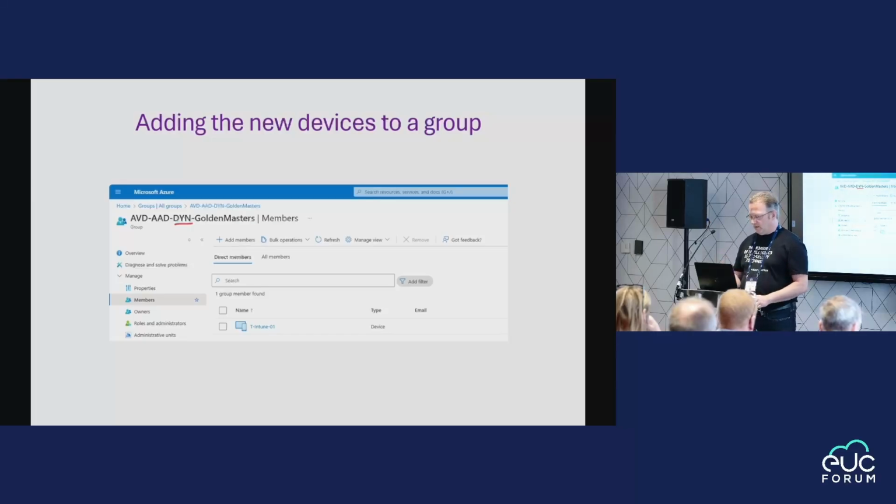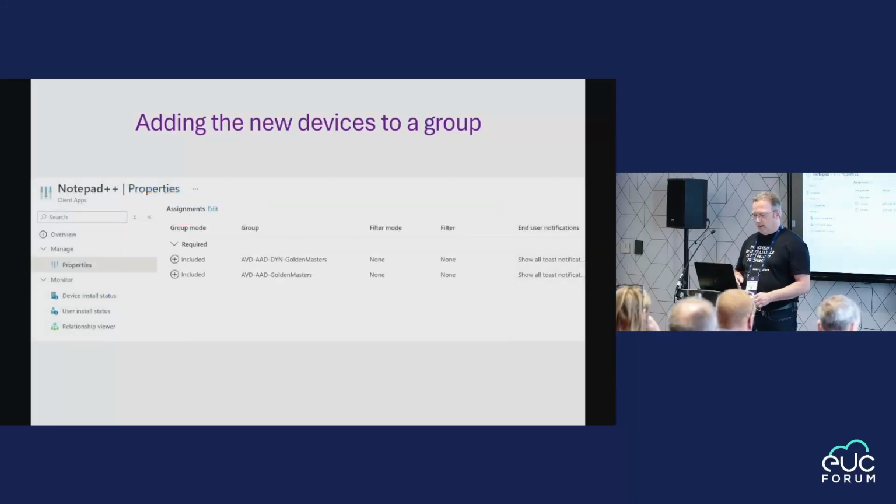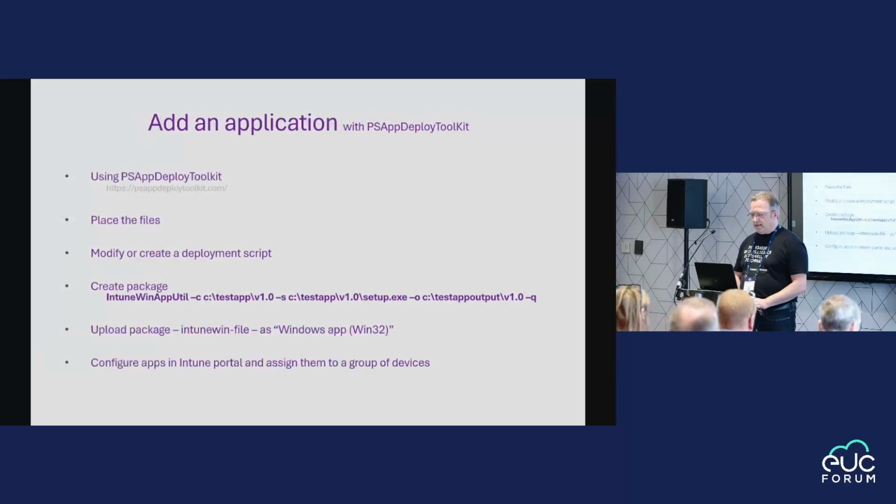So then I will see in the best way, here we can see an application assignment to the members of this device group, and then we will see the application later appearing on this virtual machine. So what I do to add applications to Intune is by using the PowerShell App Deployment Toolkit. I would guess that is now.